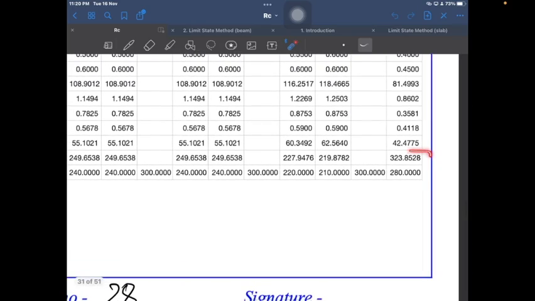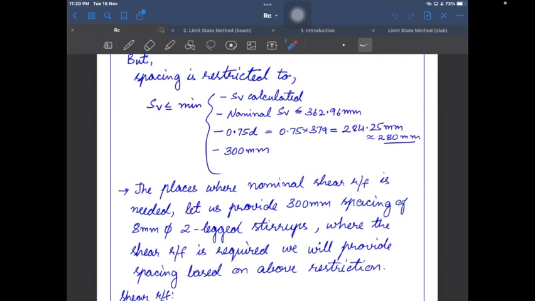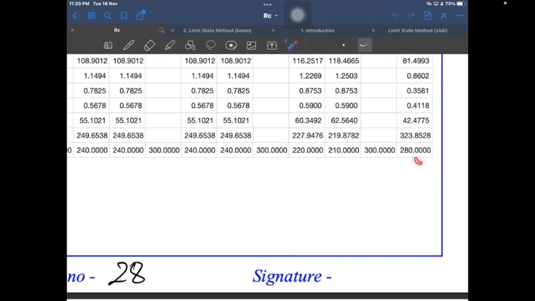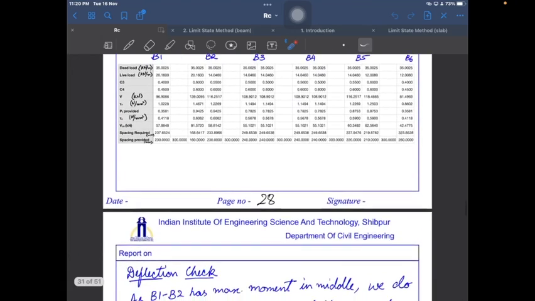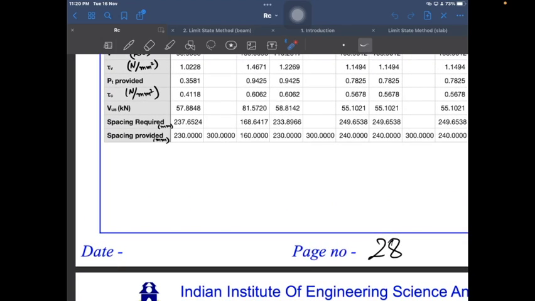At this point shear force is needed, but our restriction is 280, the minimum of all these, so I'm giving 280 here. So based on that, it is very easy to calculate the spacing provided.